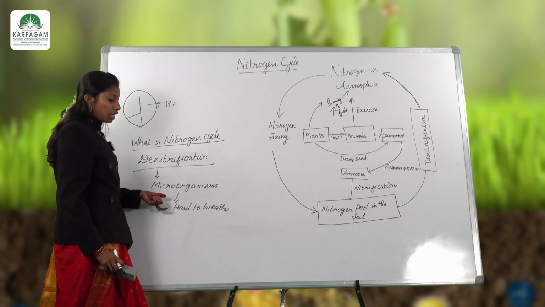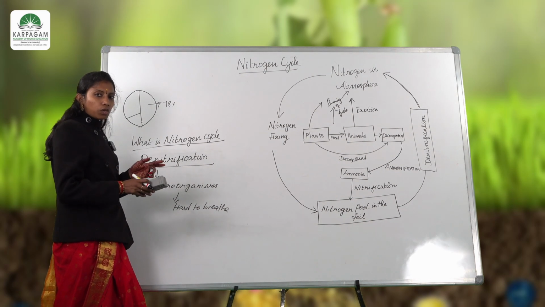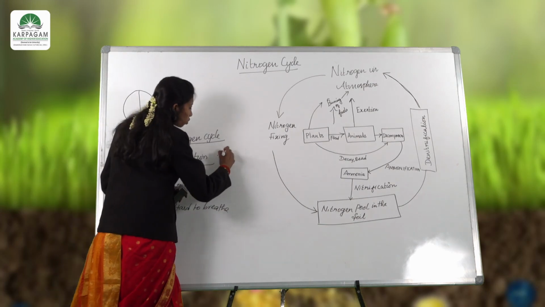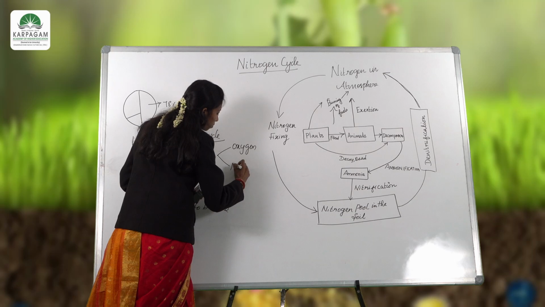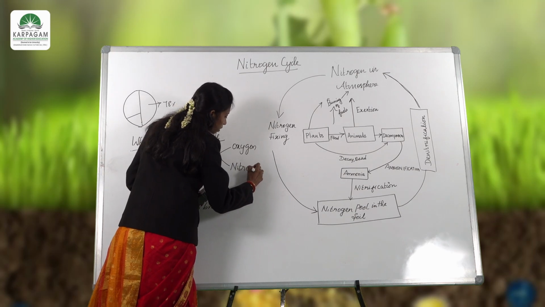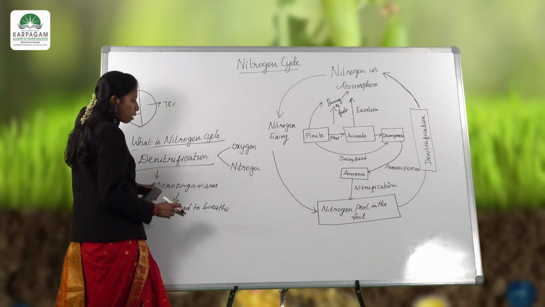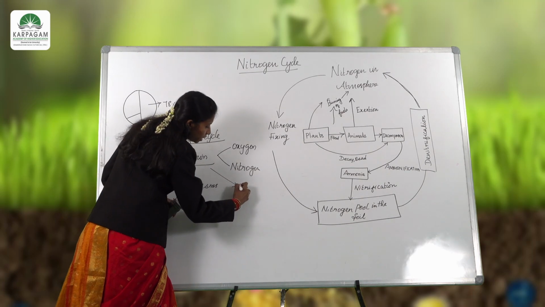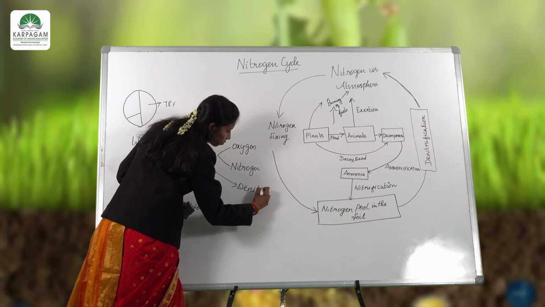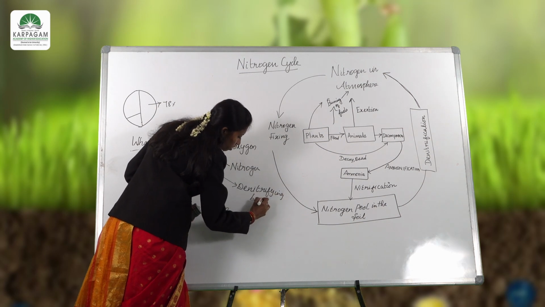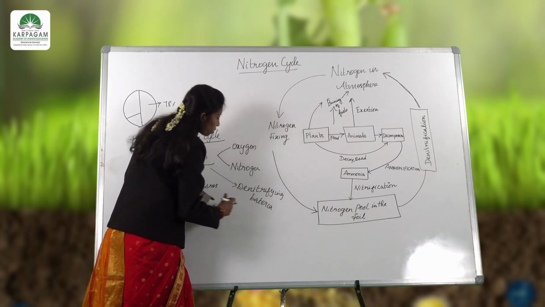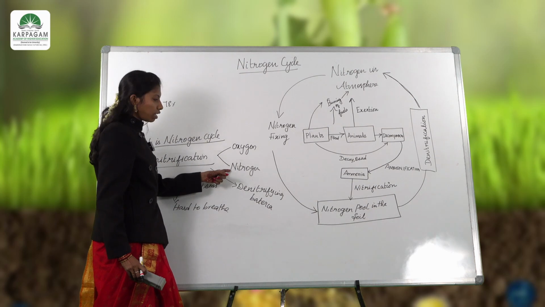So what happens? In this part it is broken down into oxygen and nitrogen. So the output will be oxygen and nitrogen. And this splitting happens due to the presence of denitrifying bacteria. This bacteria is responsible for splitting into oxygen and nitrogen.